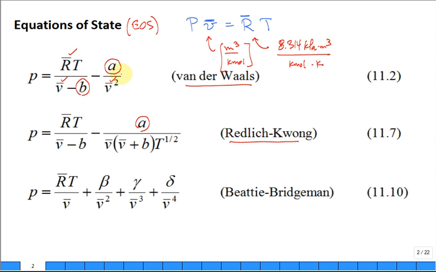It's not the same A and it's not the same B, but they're different curve-fitting parameters to make that equation of state fit the data. There's temperature to the half and V bars. The Beattie-Bridgman equation. You can see how V bar is here, etc. V bar squared. The beta, gamma, delta are curve fit parameters.